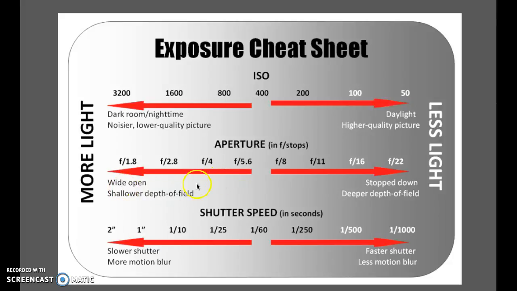You're going to look at your aperture. You're going to have a shallow depth of field here. Or if you want a higher aperture or a greater depth, you're going to have a deeper depth of field. And also with shutter speed, you're going to have a faster shutter, less motion blur. I thought that was just a really good overall cheat sheet.